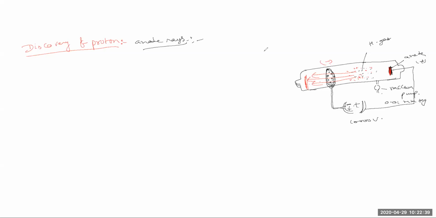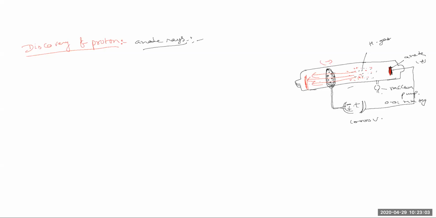Okay, right. So let us know what Goldstein also explained: the same electric discharge tube like J.J. Thomson's electric discharge tube, slightly modified. What is the slight modification of the electric discharge tube? Here, this is the anode.